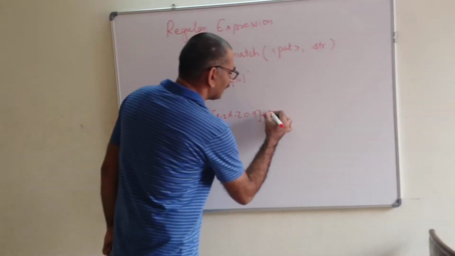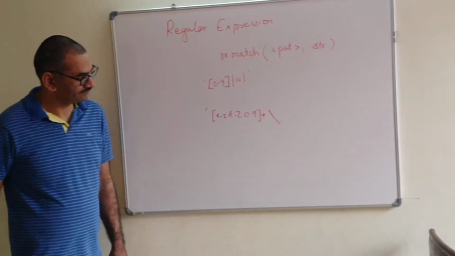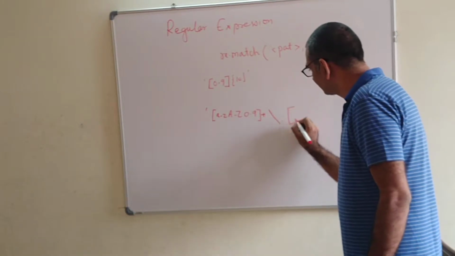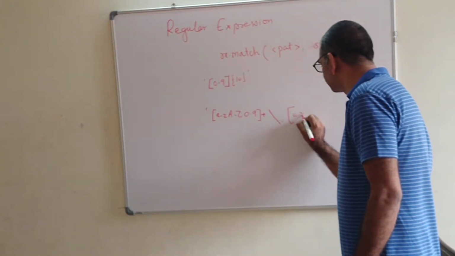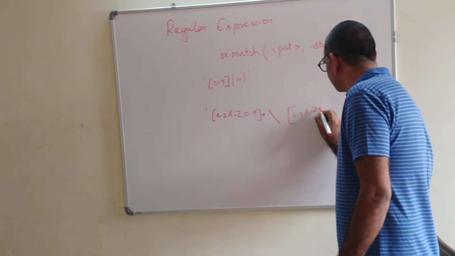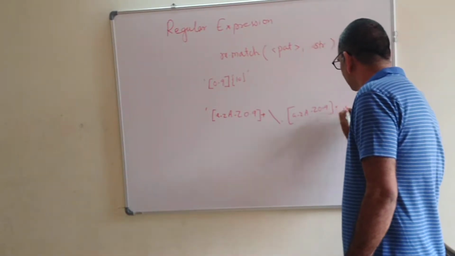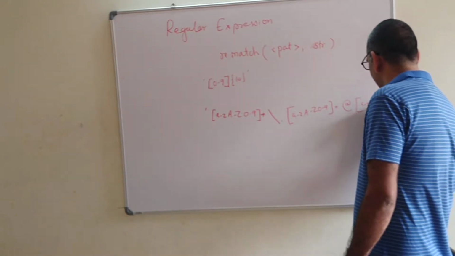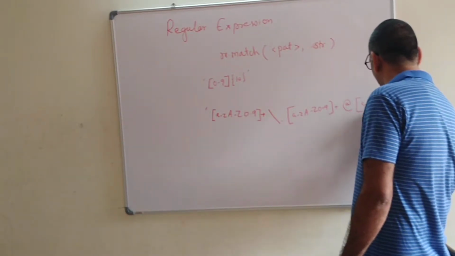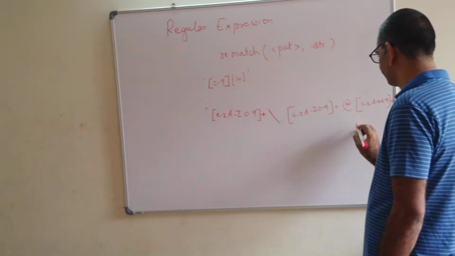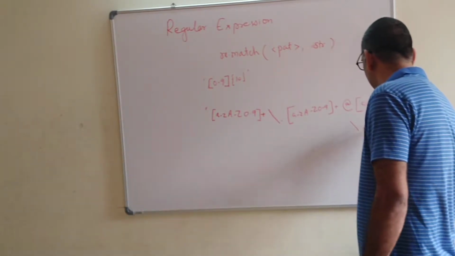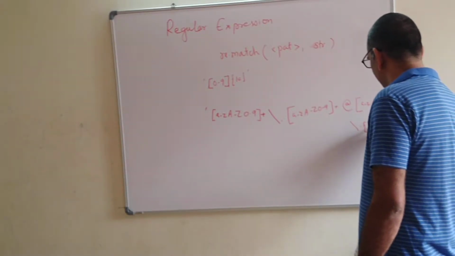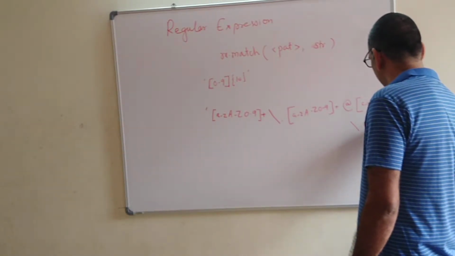Then I am saying a dot, and then again capital A to Z, 0 to 9, plus, then at, then A to Z, 0 to 9, plus, then dot, and then A to Z.